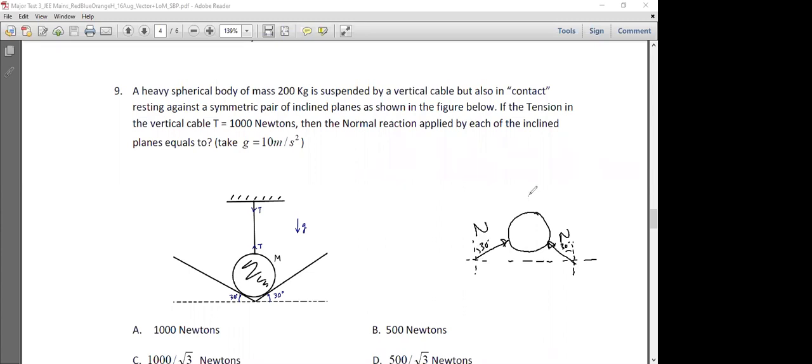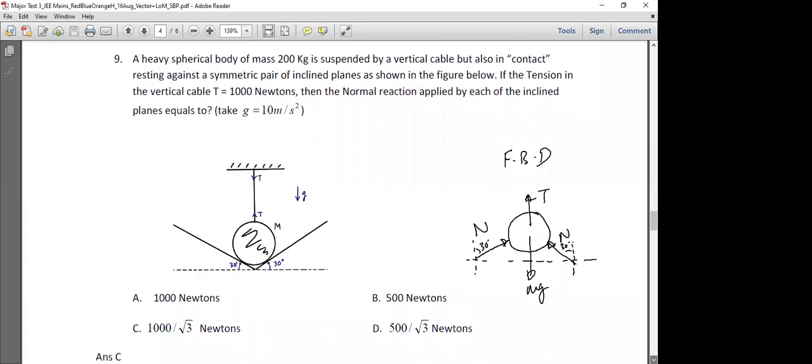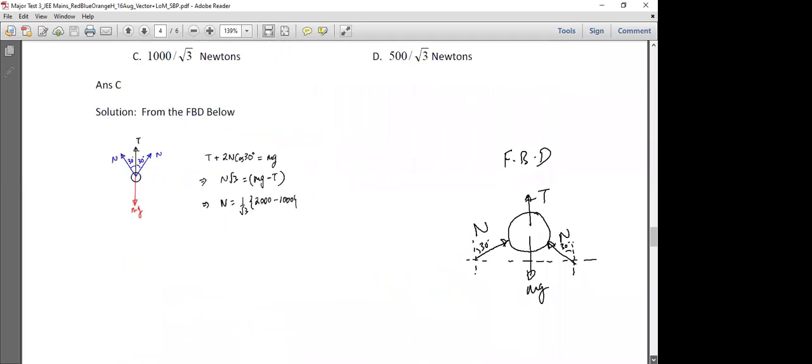Plus there is tension acting like this and mg acting like this. Okay. So make the free body diagram in this way. Once you make the FBD correctly, you will get the answer. Okay. So you can see this is the FBD.